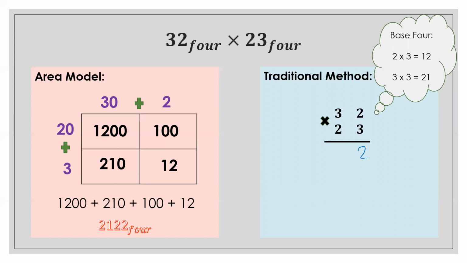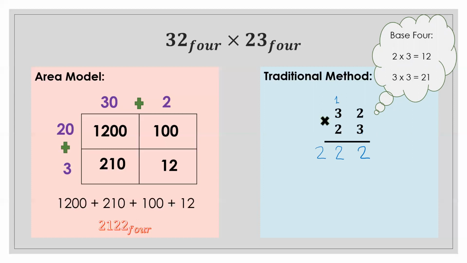So we will write a 2 right here, and we will regroup the 1 up in the second place value, right? Remember that right there. And then we have 3 times 3, which is 2, 1, plus 1 more is 2, 2. And that's how we multiply in the traditional way, yeah?